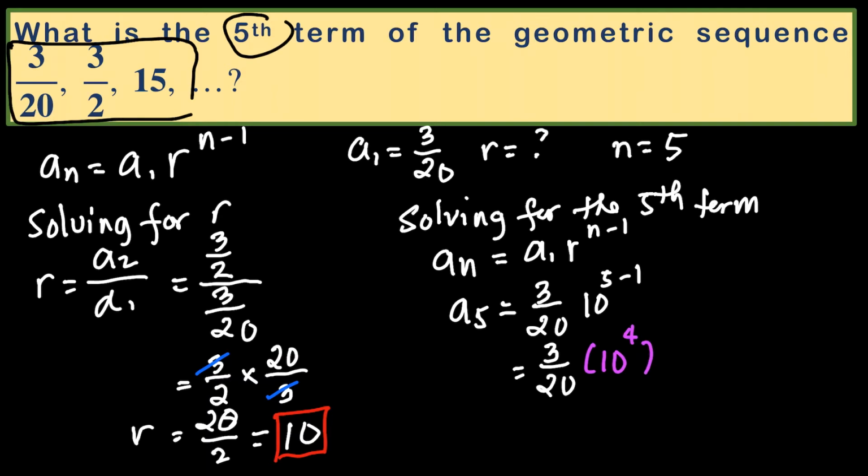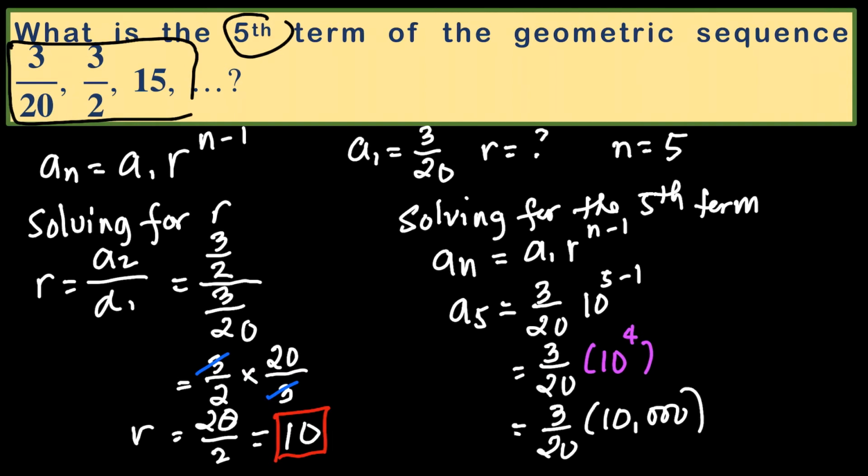10 raised to 4 is 10,000. So this will give us 3 over 20 times 10,000. 10,000 divided by 20 gives us 500.